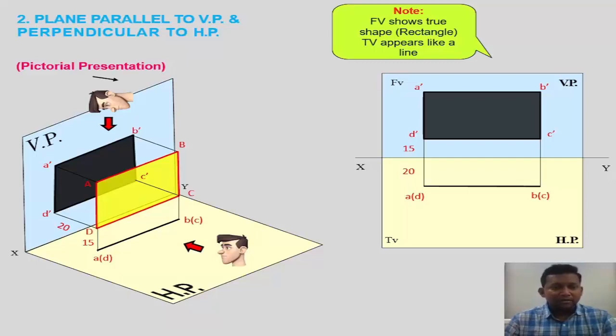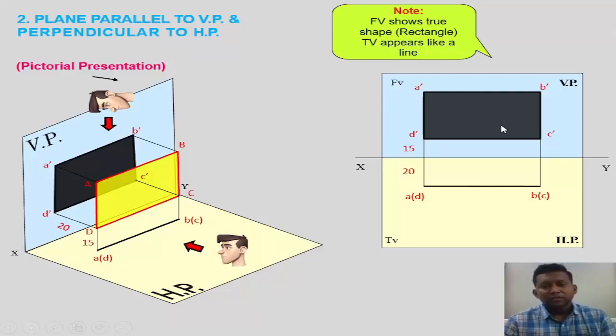On the left side you have the three-dimensional representation of this position of the plane, which I can call the pictorial representation, whereas on the right side is the orthographic projection, or orthographic representation, of this position.